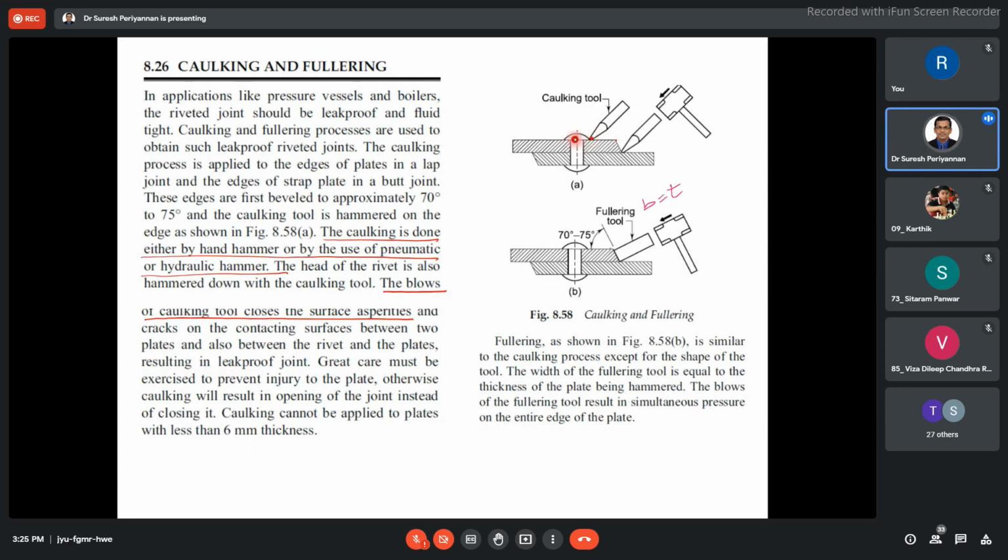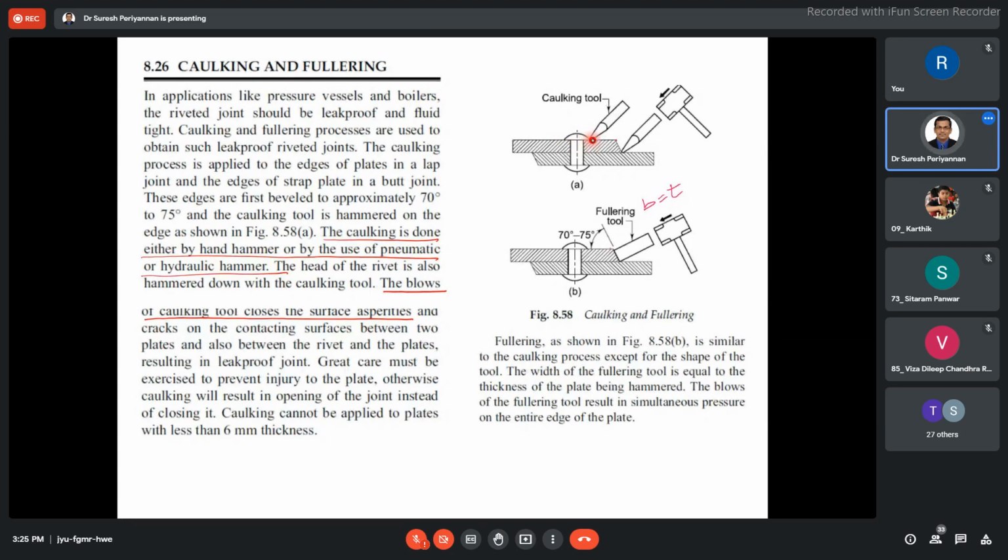Some edges are like sharp corners that can create a gap between the rivet head and our plate, and that gap will be removed.